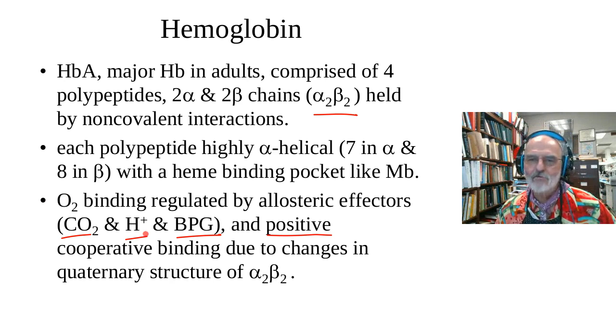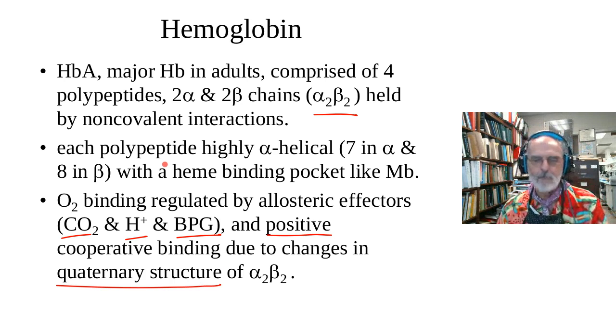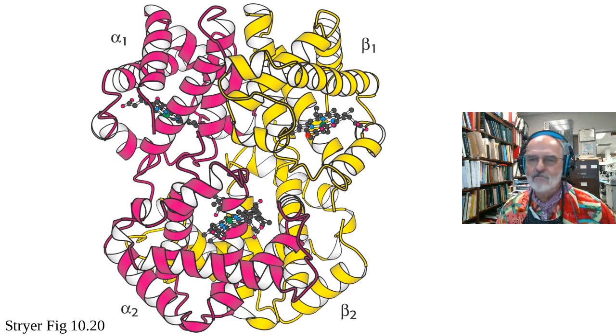Negative allosteric effectors inhibit oxygen binding in this case. This is achieved by a change in the quaternary structure of hemoglobin. There's a deoxy form that favors release of oxygen, and there's an oxy form that favors oxygen binding. We're going to talk about that very explicitly.